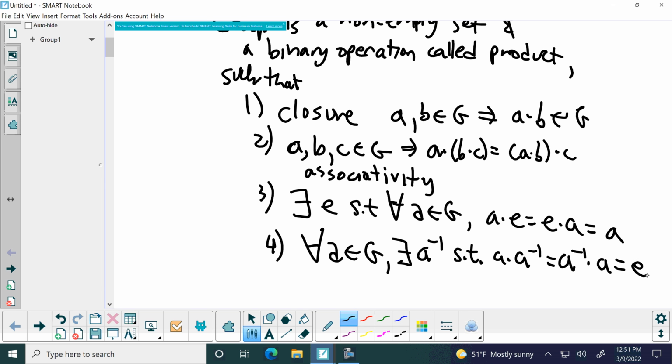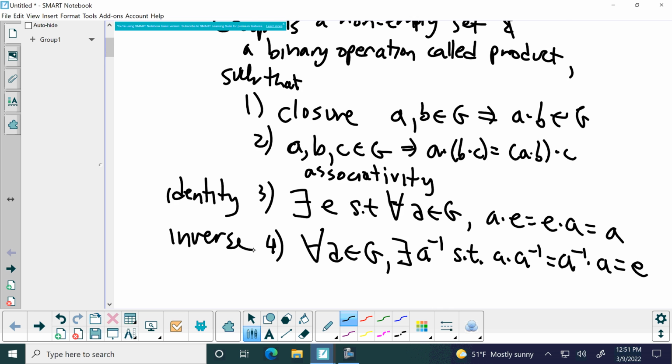Okay, great. So you've got to have identity and inverse. So in short, you've got to have closure, associativity, identity, and inverse.